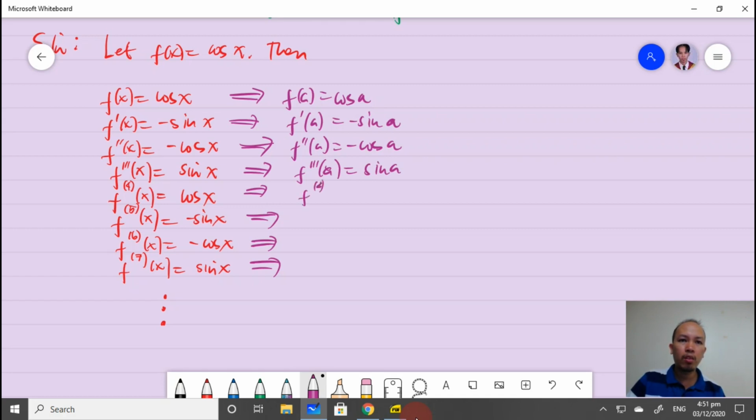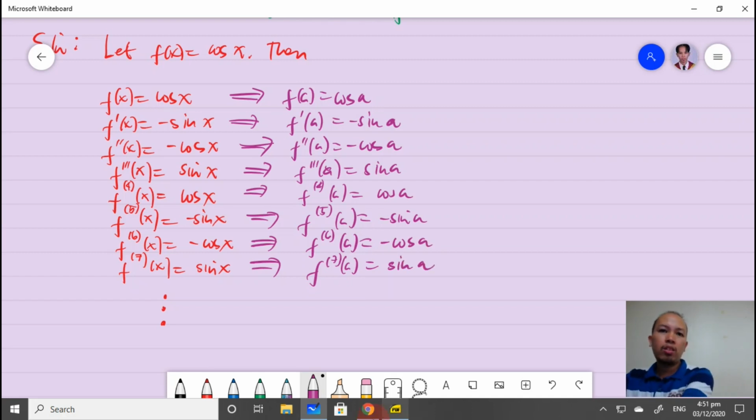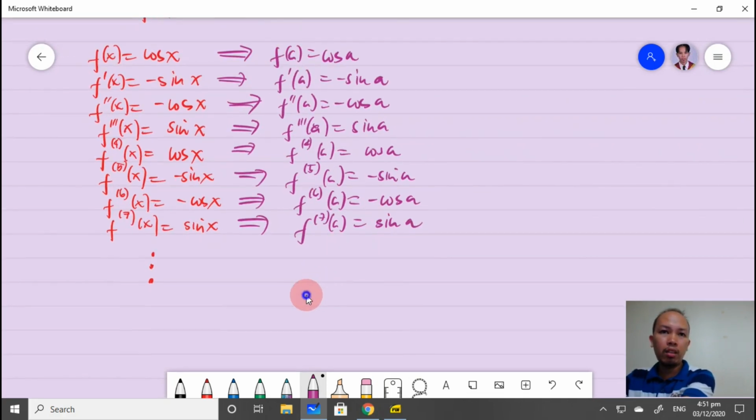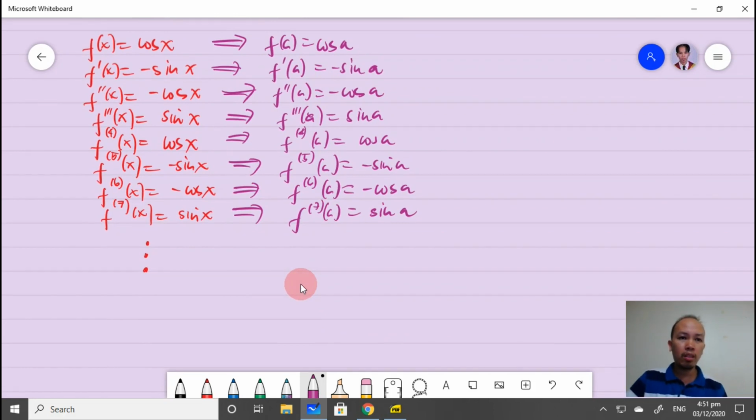Then the fourth, fifth, sixth, seventh: cosine a, negative sine a, negative cosine a, and then sine a. So we cannot find a pattern, I guess, to write it in simple form.